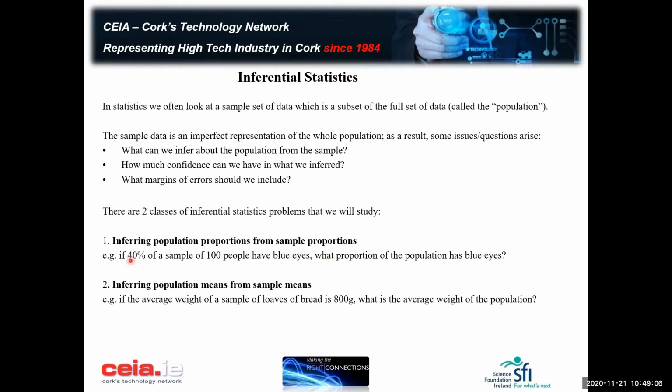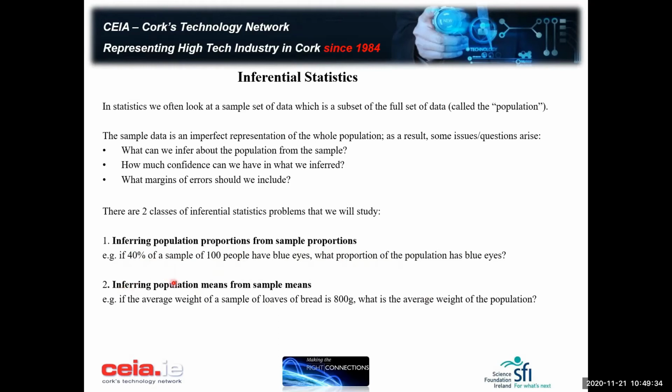We're saying, 40% of a sample of 100 people have blue eyes. What proportion of the whole population has blue eyes? Your first guess would be 40%, but that would assume that your sample was a perfect representation, which it generally isn't. So you need to estimate the error or the margin of error in this estimate.